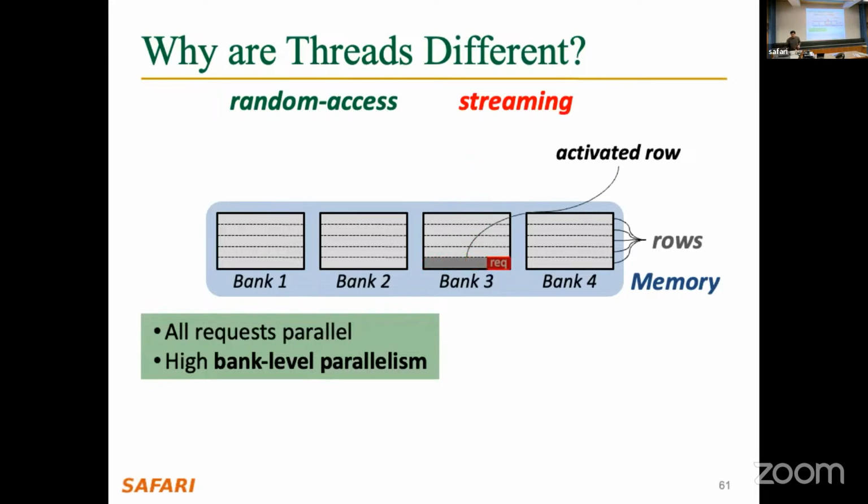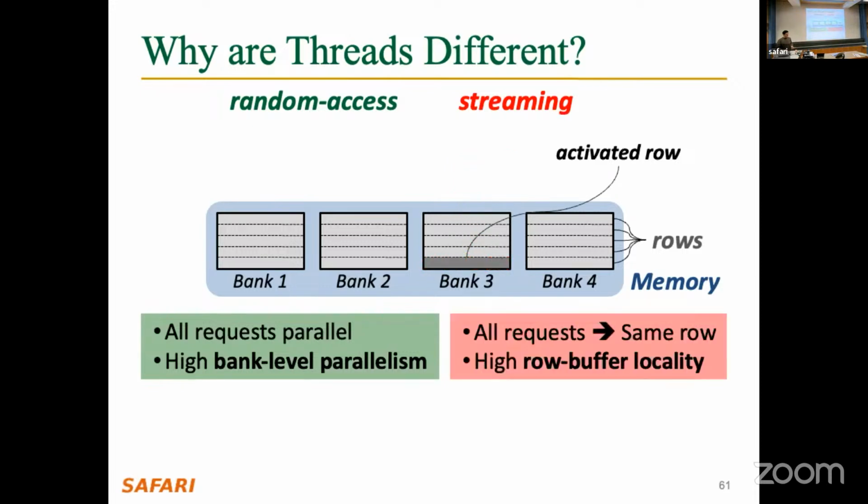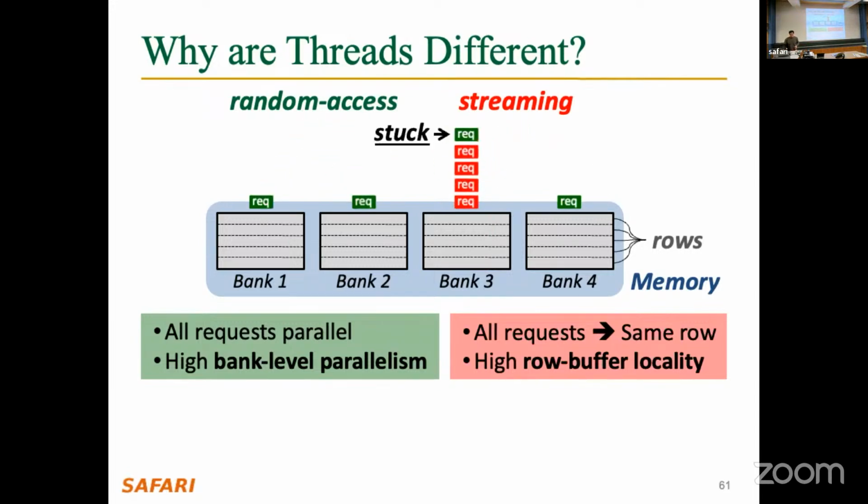Because all requests are going to the same row, it has high row buffer locality, and it doesn't have bank level parallelism. So when you run them together, your random access workload will get stuck. One of the requests that target the same bank as the streaming workload will get stuck behind the streaming workload's requests. Here, the random access workload is more vulnerable to interference than the streaming workload when you run them together.